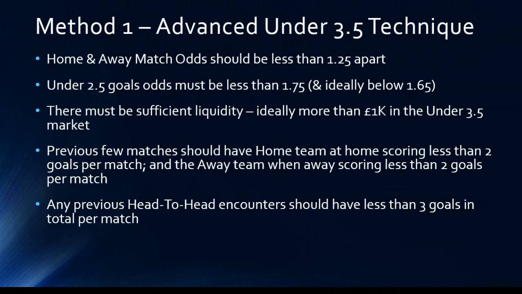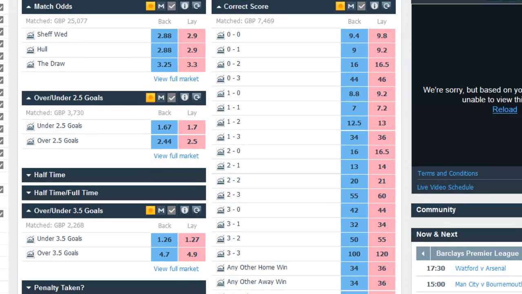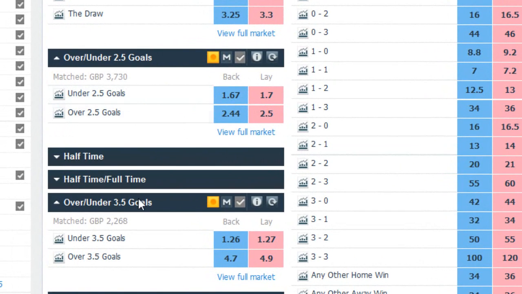We're at 1.67, so I'm happy with that. Sufficient liquidity, 1k on the 3.5 goals market. That is now 2,268, so once again, lots of nice liquidity. There's a tight link between the back and lay odds, so there isn't a big gap at all anywhere. So I'm happy with that.